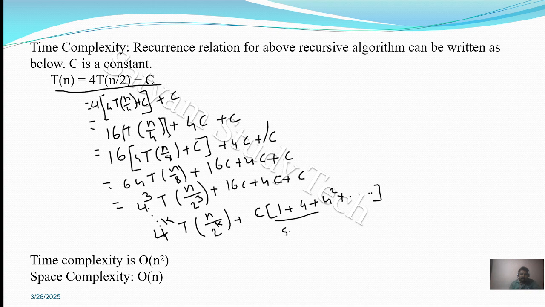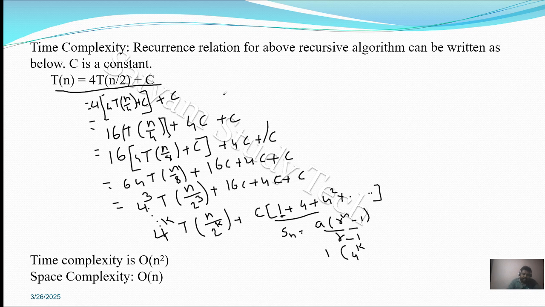So this is a GP. What is the GP formula here? S of n is equal to a into r power n minus 1 by r minus 1. What is a? A means the first term, so 1. What is r? Here the 4, here the 4 square, next 4 cube. So r is 4, and n is here the k terms.